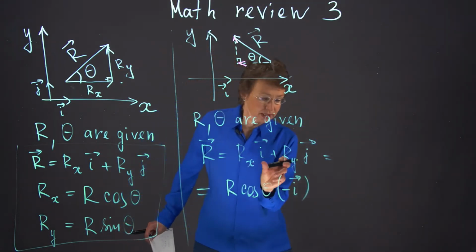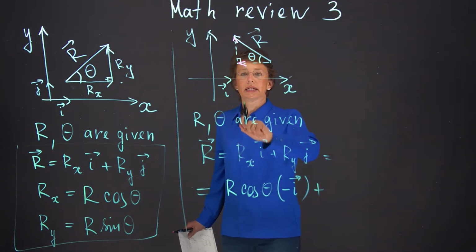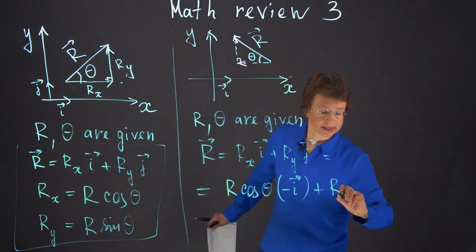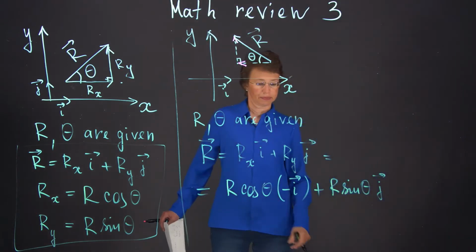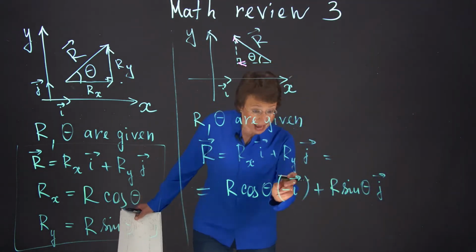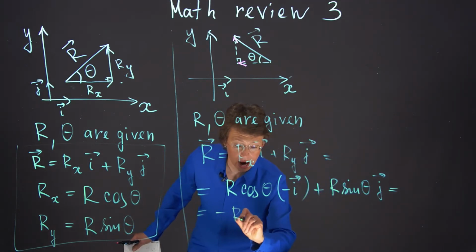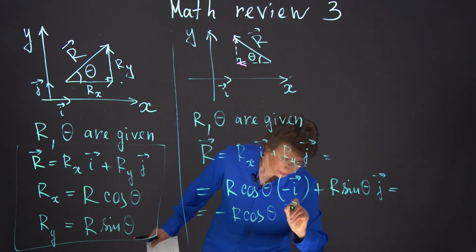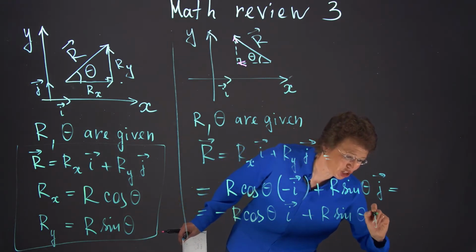I'm done with this one. Plus ry. What is ry? It is up. The length is r times sine theta and plus j. So I factor out this minus: minus r cosine theta i plus r sine theta j.